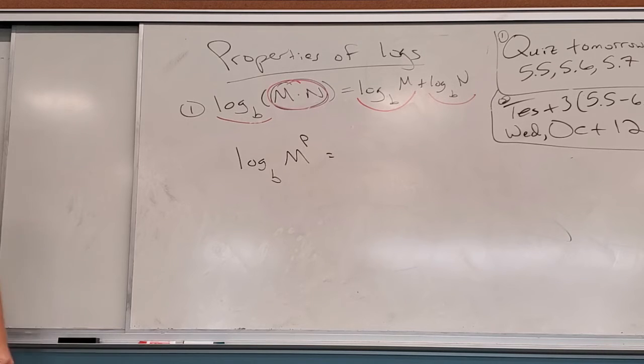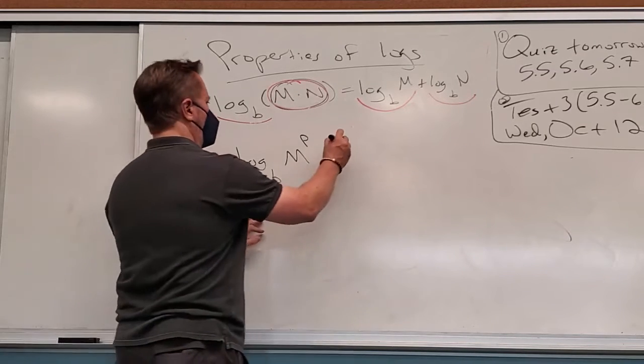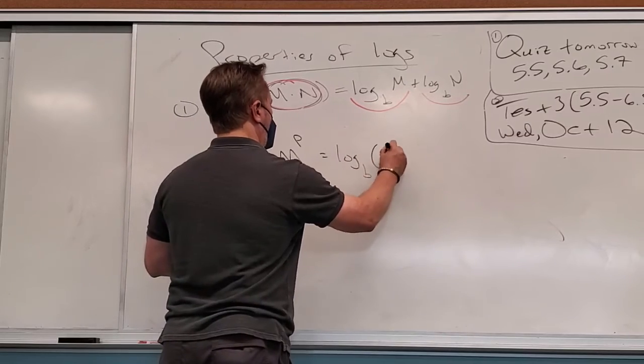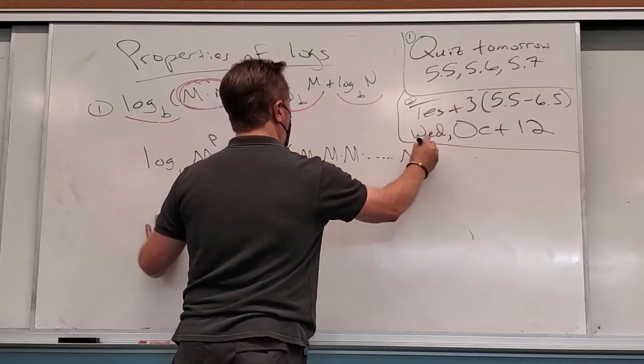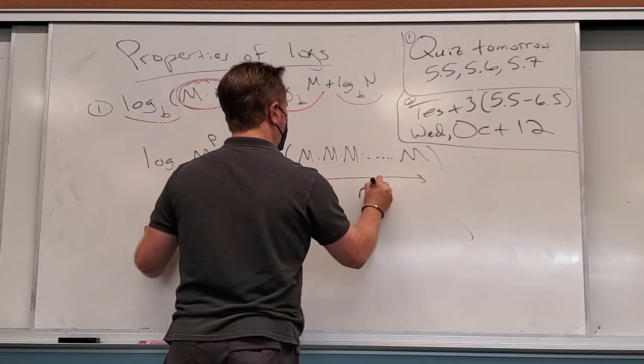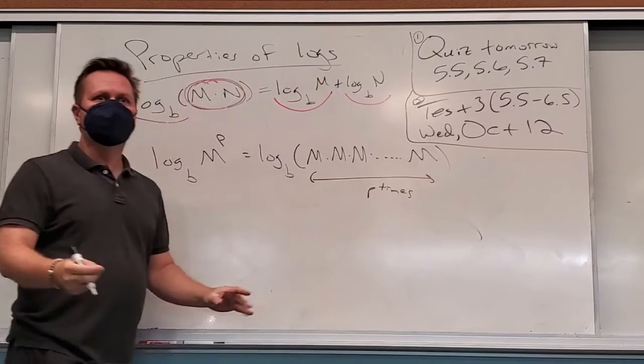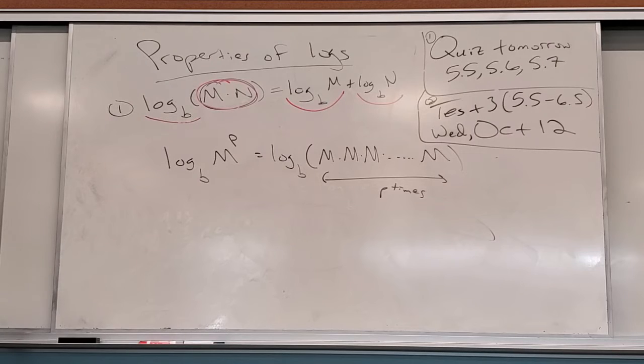Multiplying, because it's a power. So don't I have log base b of m times m times m, p times? That's what m to the p means. If p is 7, I have 7 m's multiplying. So p is p, so I have p m's multiplying.